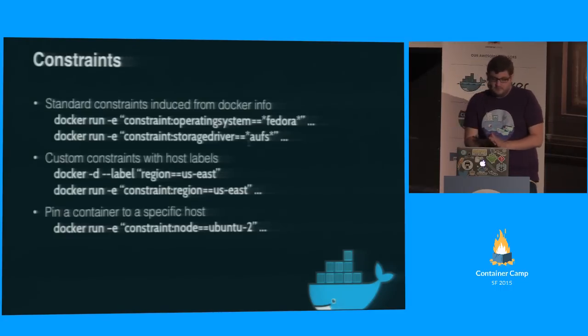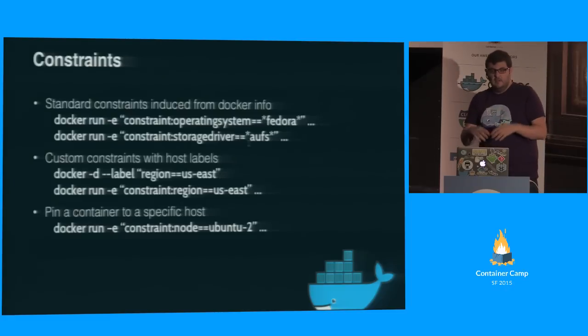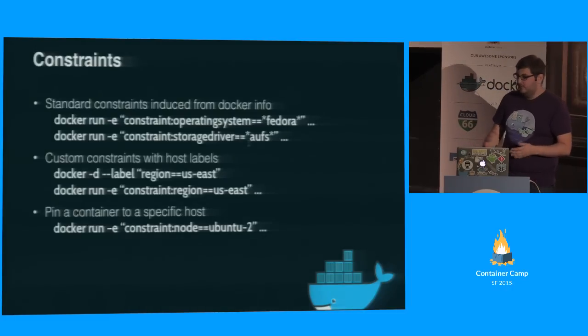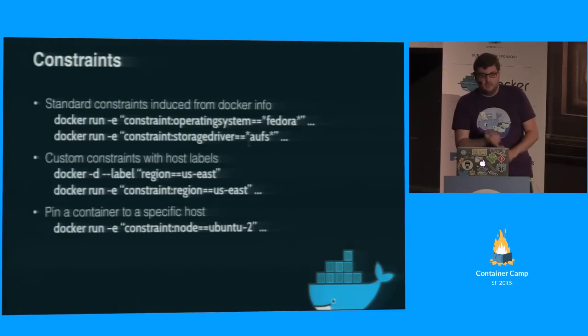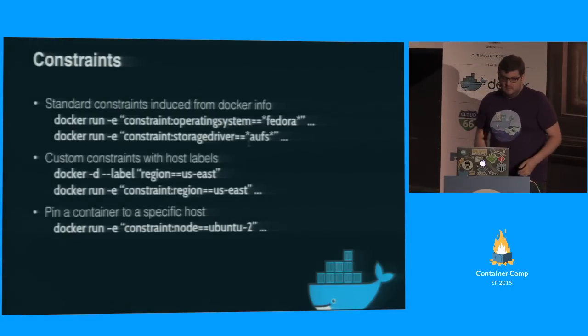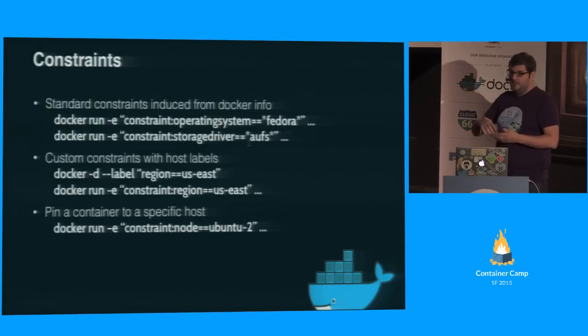So constraints, we have multiple constraints. First, today in Docker, when you do Docker info on a regular Docker, you see a bunch of information like the operating system, the storage driver, the kernel version, or things like that. By default, you can use all those values to apply constraints.